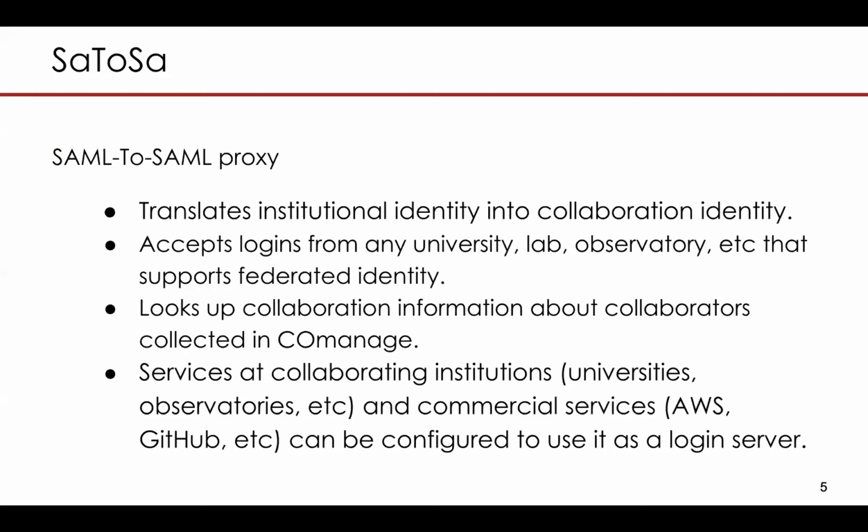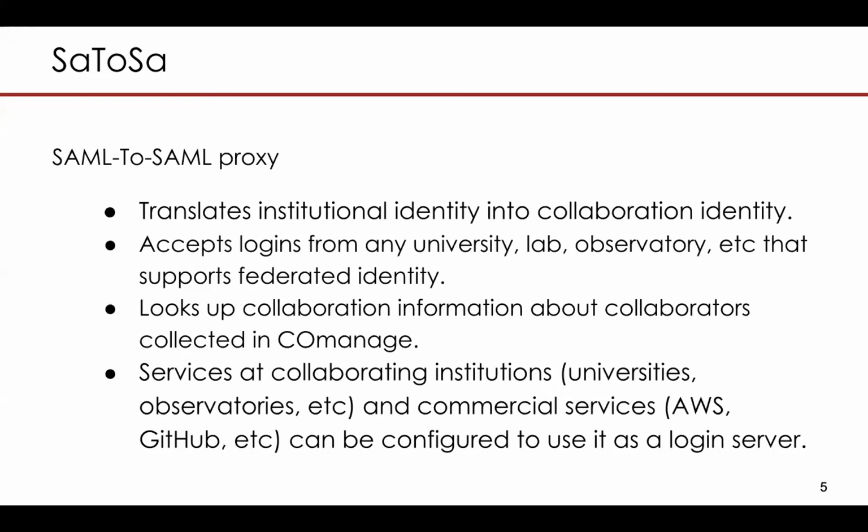Once you're logged in, we decorate your identity with all the things we know about the collaborations you're in and how you fit into them. Then services downstream from us who want to use our identities to govern access to their services get all of that information. And again, this includes commercial services.